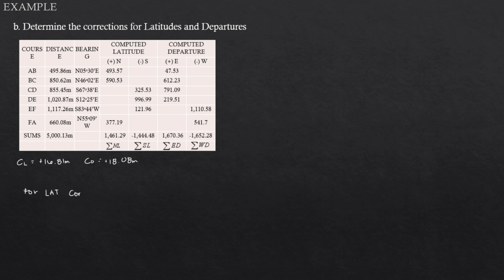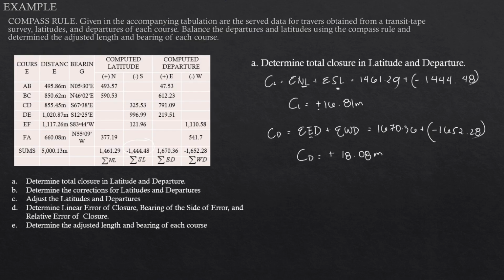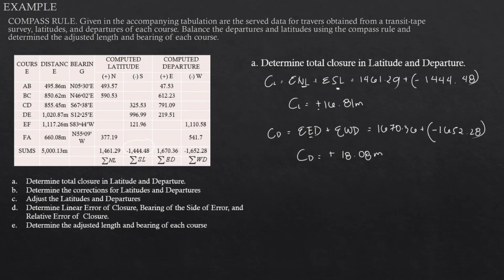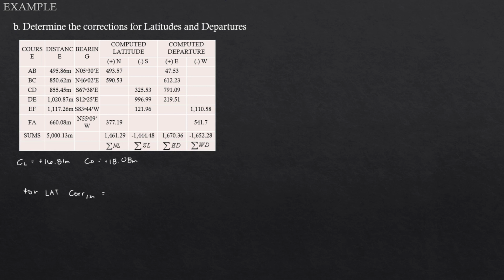So meron tayong formula ng correction sa latitude, pagdating sa compass method natin, so balikan natin yung slides. Ito. So, correction sa departure and latitude, ito yung gagamitin natin. So, compass rule muna tayo. Okay. So, CL over D, or yung distance dun ng course na yon, times yung length ng course.